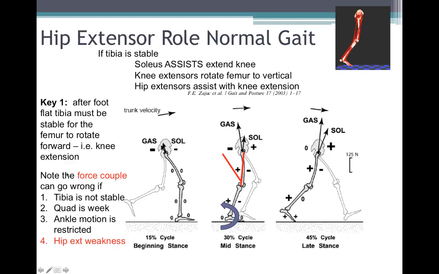And so our list of possible things that could go wrong in this mid-stance phase are: the tibia is not stable, the quad is weak, ankle motion is restricted, and now a fourth item, hip extension weakness. All of those things could contribute to some kind of breakdown in the gait kinematics and kinetics at the point from foot flat to mid-stance.